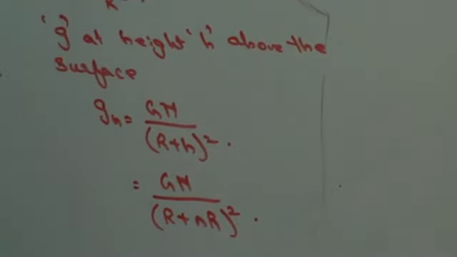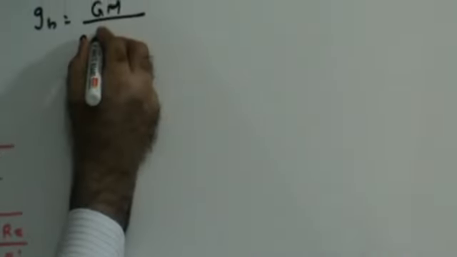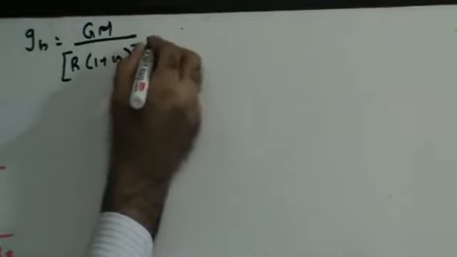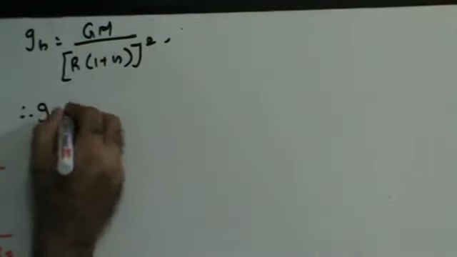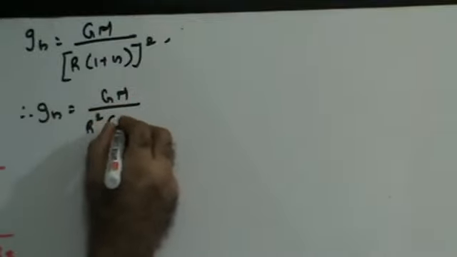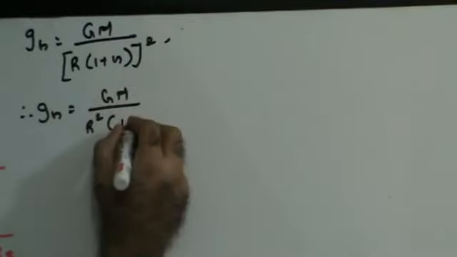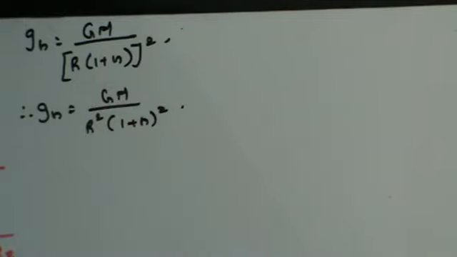This can be written as gh is equal to GM upon r common, 1 plus n the whole square. Therefore I can say gh is GM upon r square into 1 plus n the whole square, right?